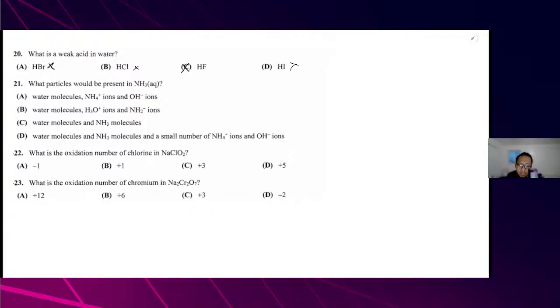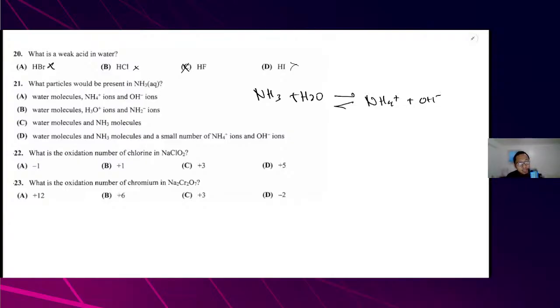And then what particles will be present in aqueous NH3? Water molecules, exactly. And then what else? NH3. If we put it in water, it will form NH4 plus and OH minus, right?